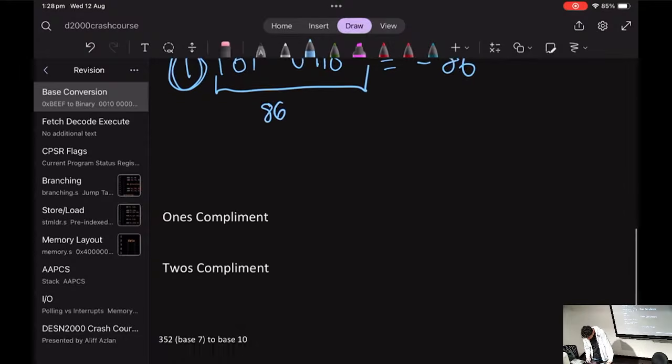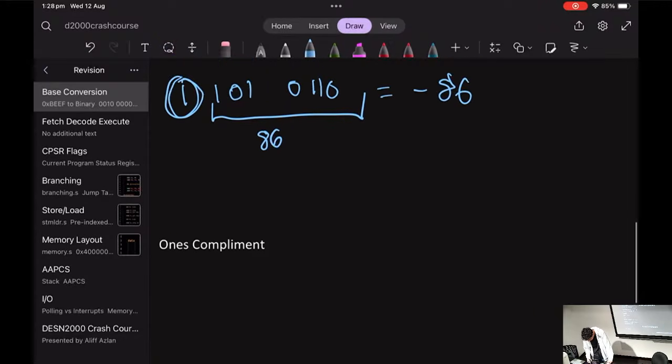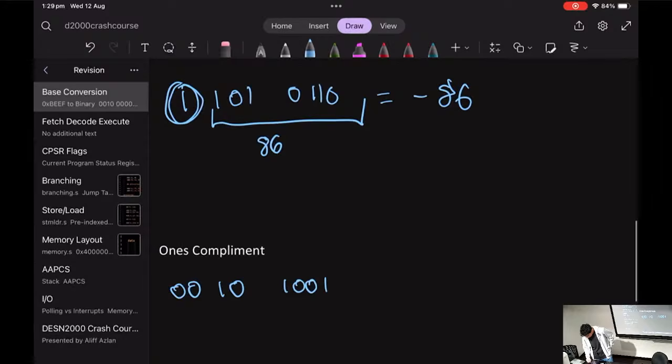Now, with 1's complement, all we do is flip the bits. So instead of 1 1 0 1, we go 0 0 1 0 and 1 0 0 1. If you convert this into decimal, we end up getting 41.